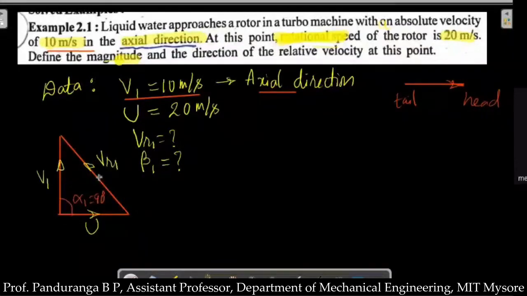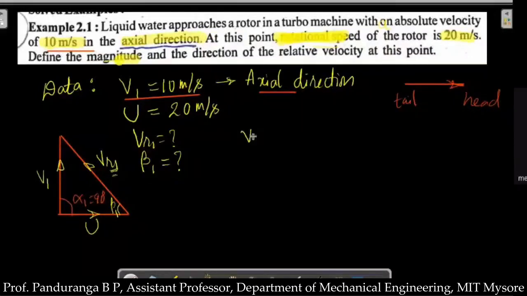We need to find out the magnitude of this as well as the angle, beta 1. We need to find out the angle beta 1 and the magnitude of VR1. This is a pretty straightforward problem where you can use Pythagoras theorem to find VR1.